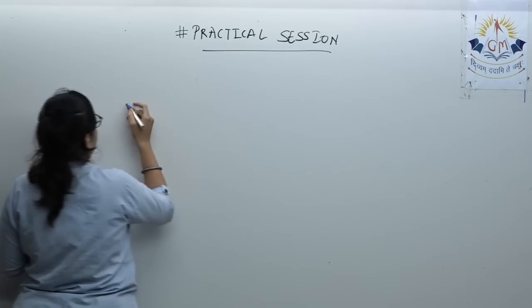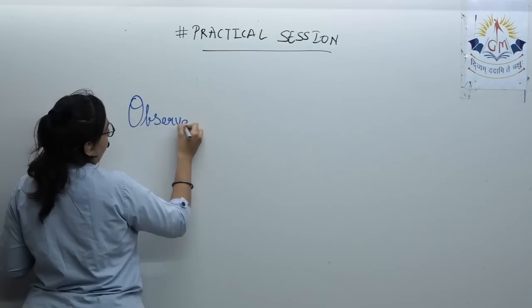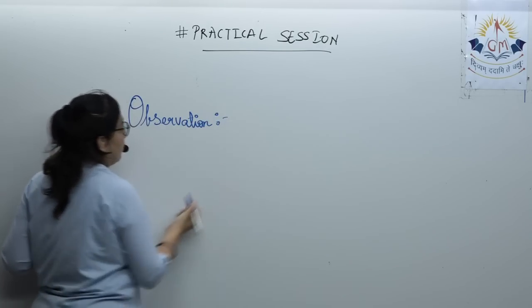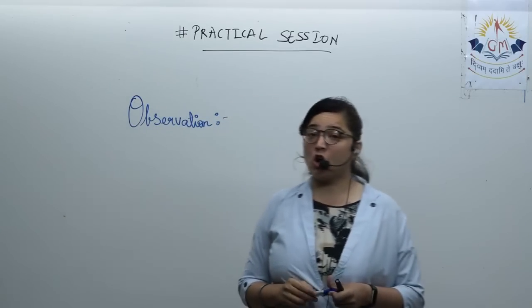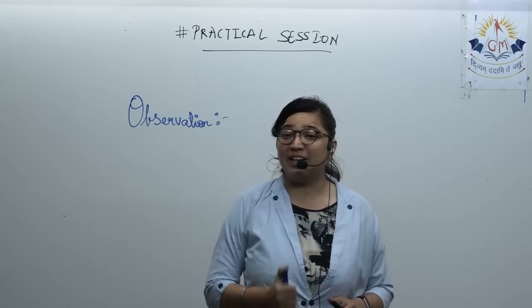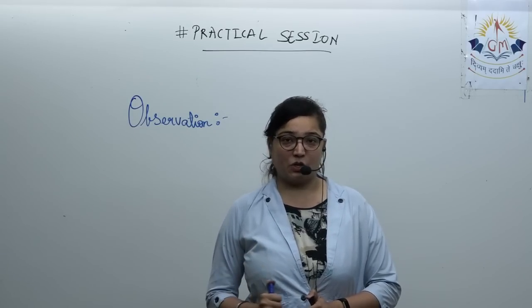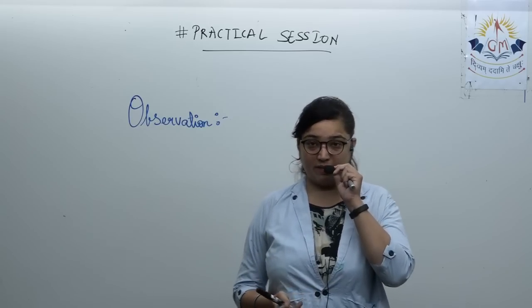Observation: now what did you observe? You observe that when naphthalene flakes are burnt, you can see the gaseous state of naphthalene, the white fumes inside the conical flask.